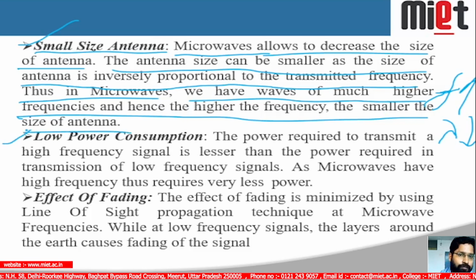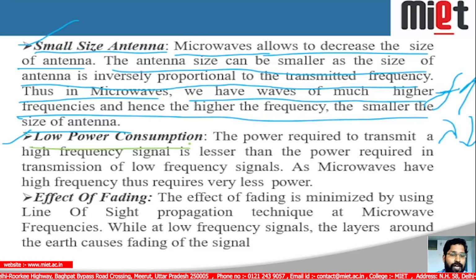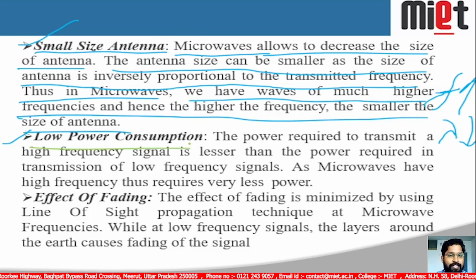Now, further we discuss the lower power consumption at the microwave frequency. This is also important. The power required to transmit a high frequency signal is lesser than the power required in transmission of a low frequency signal.